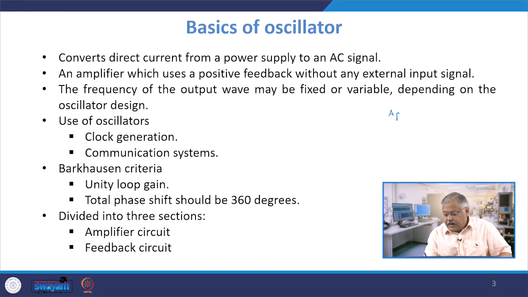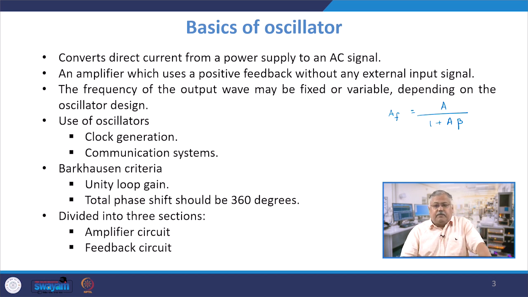If you remember, when you have negative feedback, you write the gain with feedback as A upon 1 plus A times beta, where A is the open loop gain and beta is the feedback ratio. So, when the feedback ratio becomes larger and larger, this starts to fall down. This is for the negative feedback.